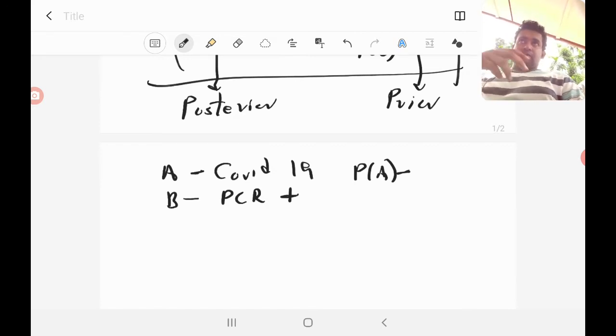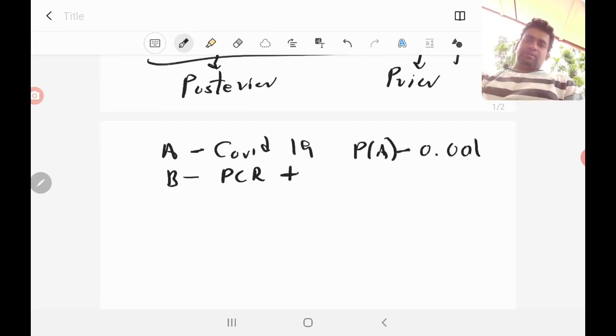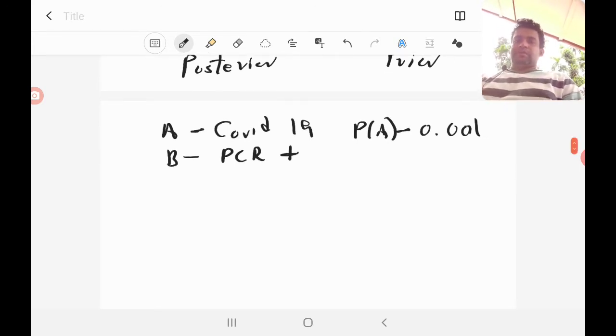So if we just pick someone from the entire population, then the probability of someone having COVID will be fairly small. So we'll assume that it's a fairly small number. It's still a reasonable number, I guess, 1 in 1000. In most countries this would be smaller than this number, but in some countries it would be higher, but a relatively small number, right?